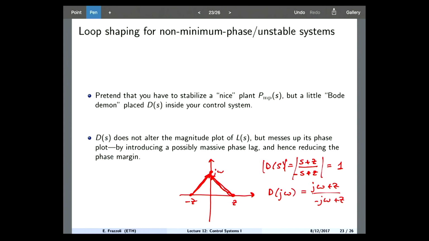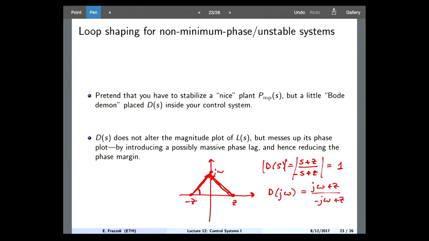Okay? On the other hand, what is the phase of this thing? The phase of this will be the phase of the numerator, which is this angle here, right?